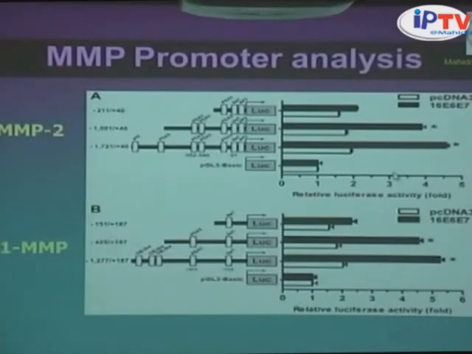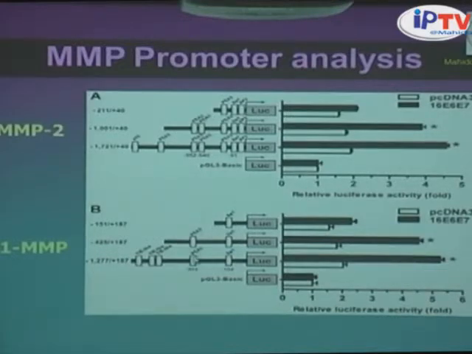Promoter analysis was also performed using a similar strategy, with deletion constructs, and you can see that the HPV oncoproteins, this time we use a combination of E6 and E7, behave the same way on both promoters. As you can see, the long construct of about 1,200 bp in the MT1 promoter can upregulate the luciferase reporter gene.